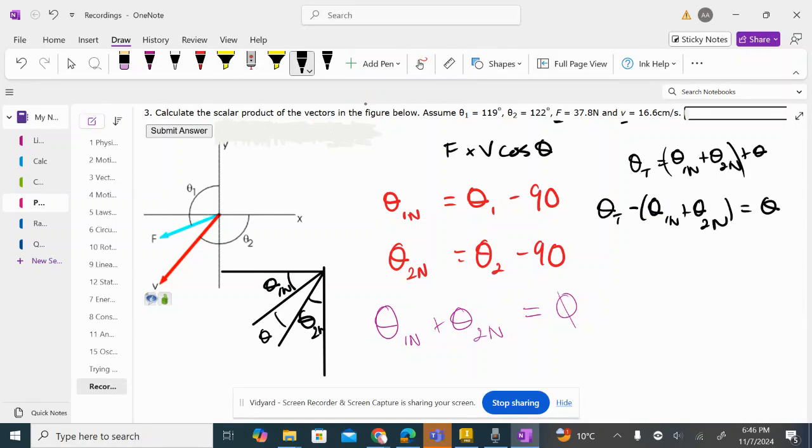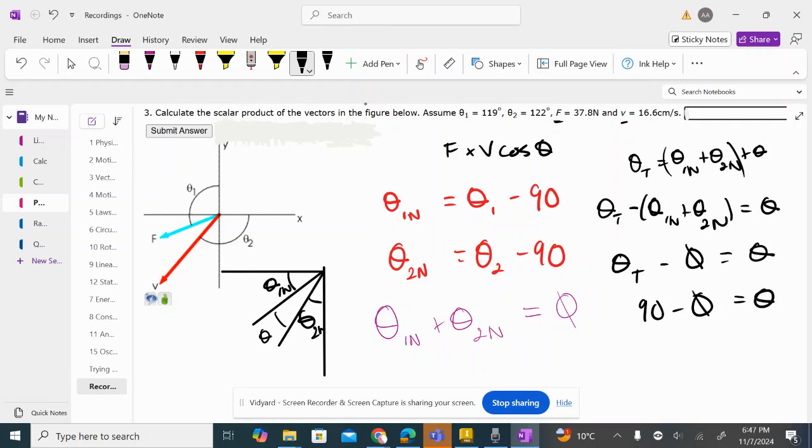And this is the theta that we ultimately need. So instead of saying theta 1n and theta 2n, we just put it all into one phi. So theta t minus phi equals theta. Guys, ignore the background. 90 minus phi is going to give us that theta.